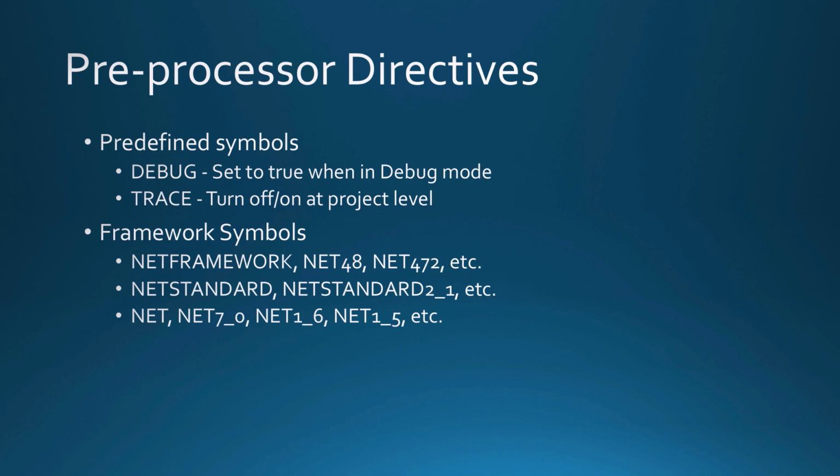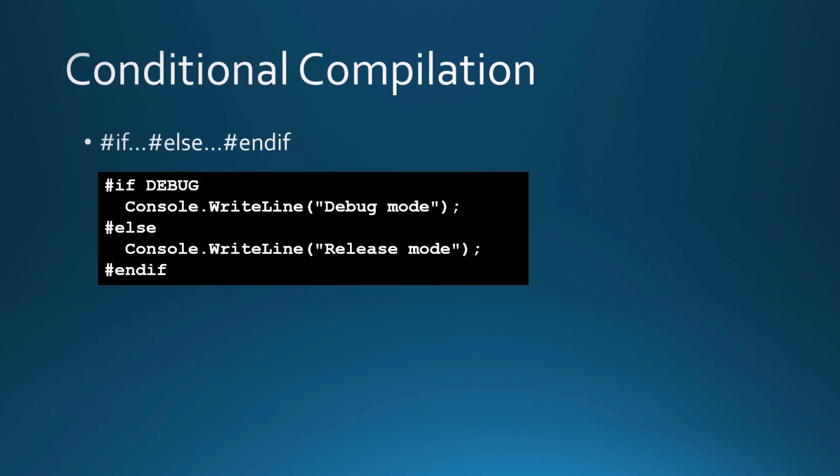Then you have .NET Standard. There's a kind of a lightweight thing called the .NET Standard that also has its own framework symbols built in and defined. And then, of course, we have .NET Core. And it's just .NET, .NET 7_0, .NET 1_6, etc. Now, we also can then use that, like I mentioned, using these #if, #else, #endif, for instance.